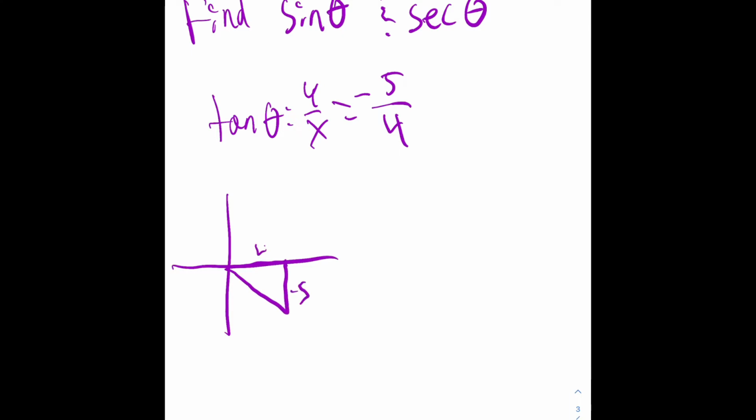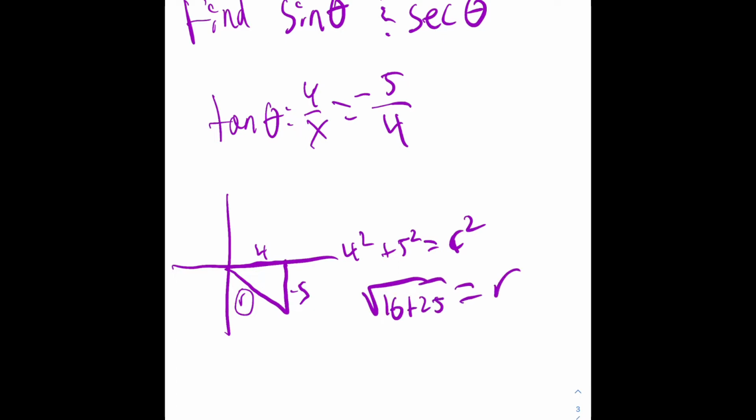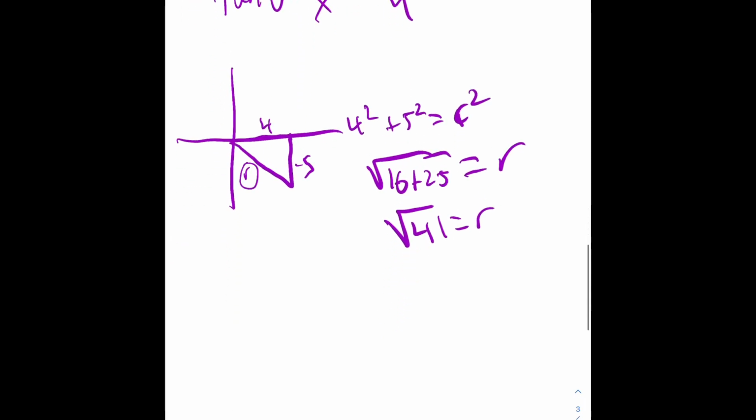I'm going down 5 over 4. So 4 squared plus 5 squared equals c squared, or r squared, whatever. So you're left with the square root of 16 plus 25 equals r. The square root of 41 equals r.